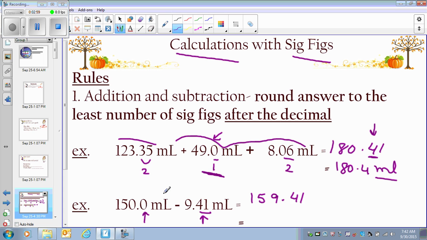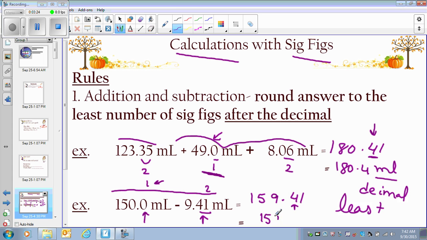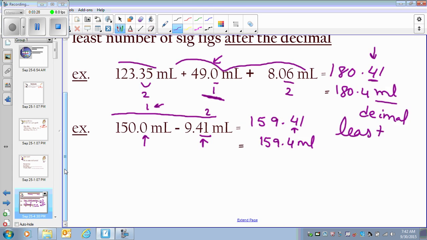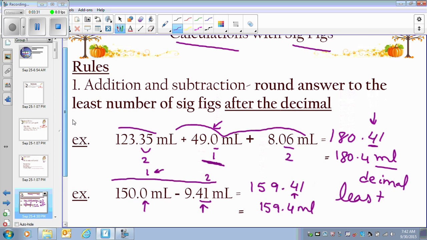It is the rule that you have to follow, and the rule is to go by the least decimal spaces in your data. This is the data that you have: one decimal space and two decimal spaces, right? So which is the least? The 1. That means I'm going to choose only one decimal space for my answer. So my answer would be 159.4 milliliters.